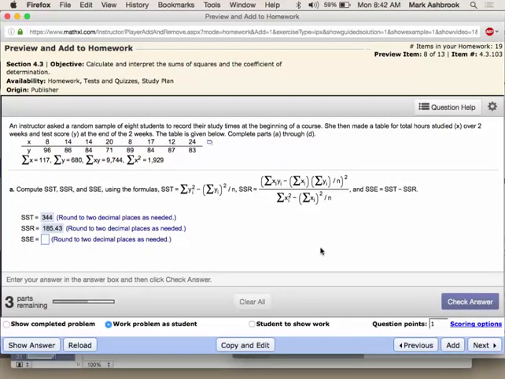Okay, SSE, and I'm not going to show you the chart. SSE, and I'm not going to show you the results. So what is the SSE? You've got to figure it out. Make sure you agree.